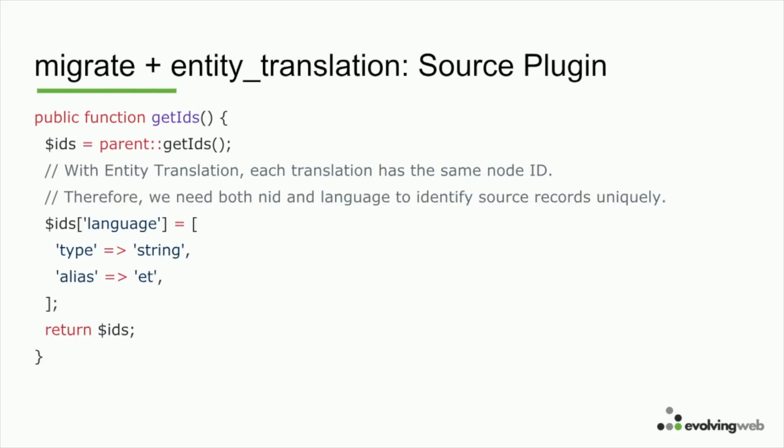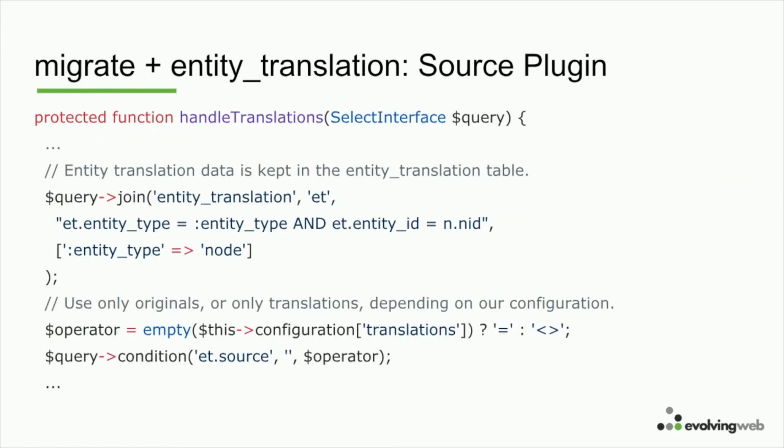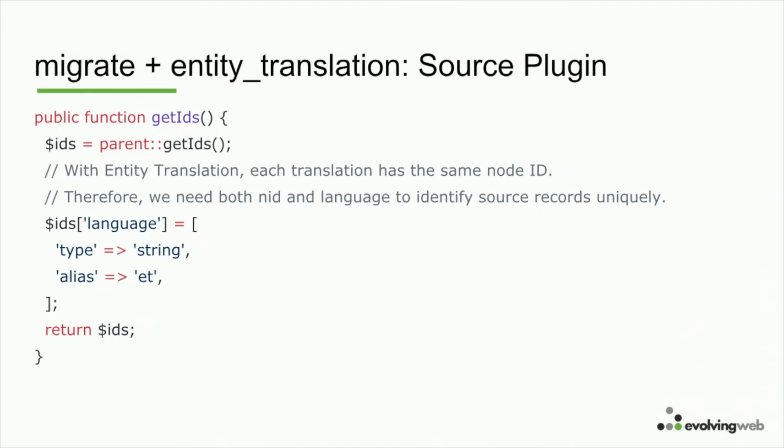That solves one major problem: the translations parameter now starts working. But there's one more problem. Since the base node always has the same language in this entity translation method, the Migrate API always ends up pulling the base version of the node for adding fields.